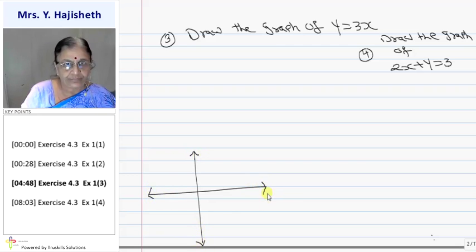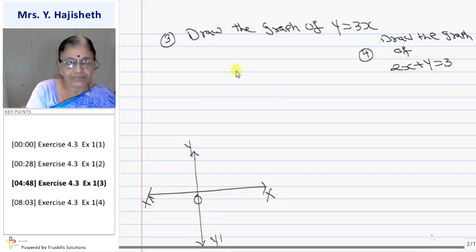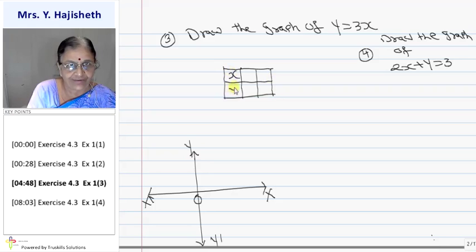Okay, x, O, x dash, y, O, y dash. Okay, now I have to form the table. For the table I will form this way. I form a table. 2 values, 2 solutions are more than sufficient to draw the graph of x and y.